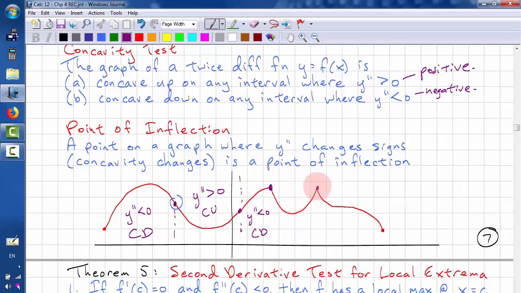Here we have the second derivative does not exist. The second derivative is positive, so this is concave up. And we have another inflection point here. Concave up, concave down. Second derivative is positive, second derivative is negative.